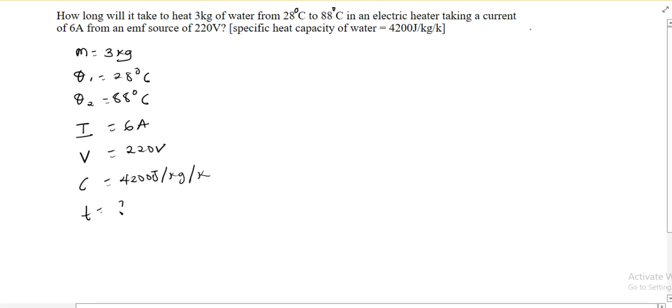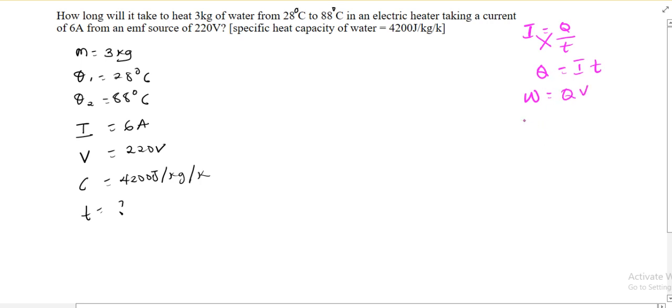Let's do a quick recap here. In your secondary school one, you have been taught that current is equal to quantity of charge over time taken, so when you multiply, your quantity of charge will be equal to IT. And we know that our work done is equal to QV.